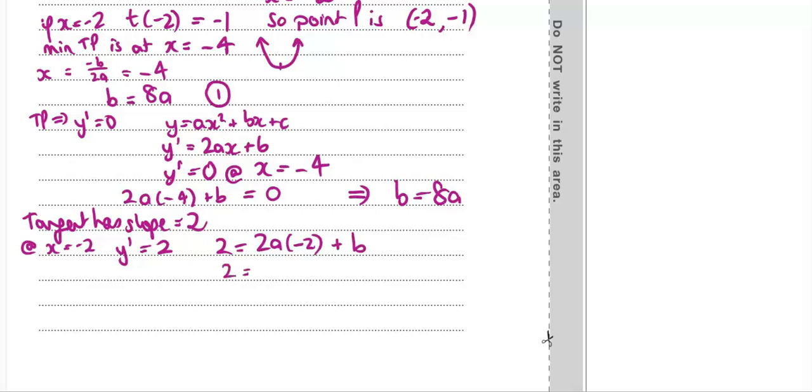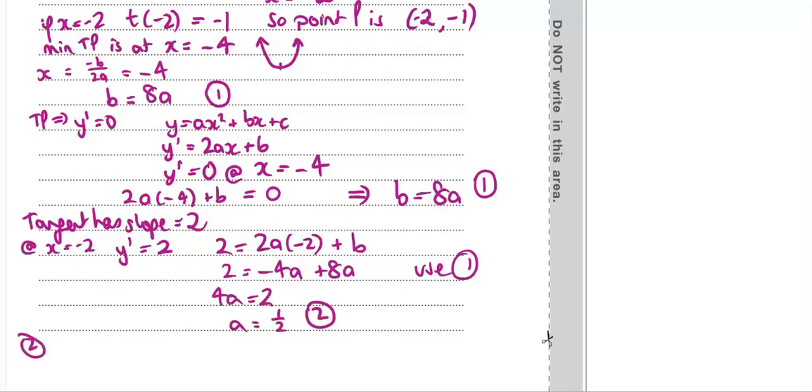And we'll get 2 equals minus 4a plus b. Let's now use equation 1, however we arrived at that. And so we'll get 4a equals 2, or a equals a half. Putting that into 1, we'll get b is 8 times that. So b equals 4.